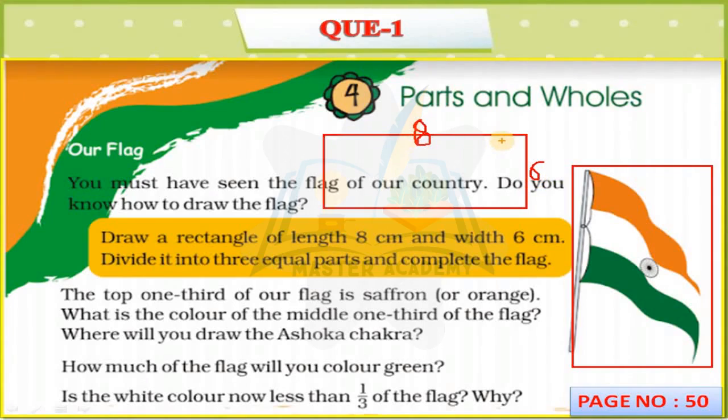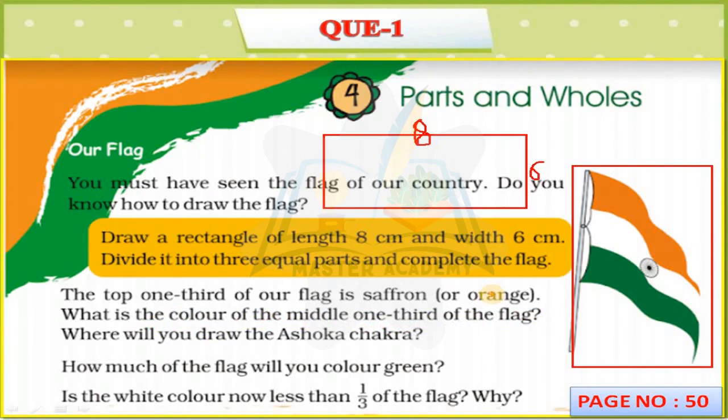It's 8 centimeter long and 6 centimeter wide. Divide it into 3 equal parts and complete the flag. Now the top 1/3 of our flag is saffron or orange color. What is the color of the middle 1/3 of the flag?